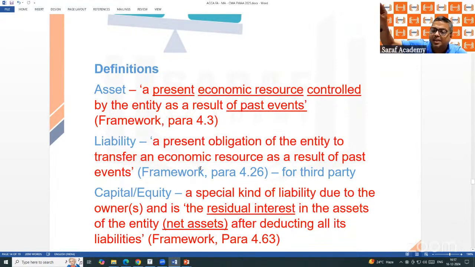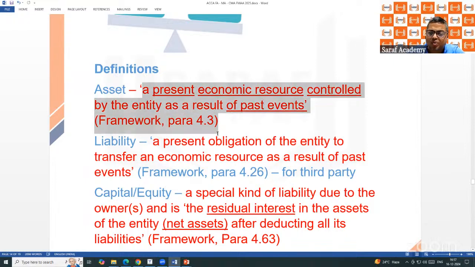To fulfill the obligation, I need to give cash, I need to transfer my assets to settle my liability. A liability is an obligation which you will settle by giving your assets. And why is the liability there? Because of a past event. In the past, I purchased something, I took a loan. For that reason, the liability arises, and that liability is a liability today, which I will settle by giving economic resources.